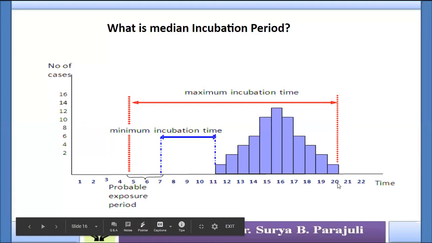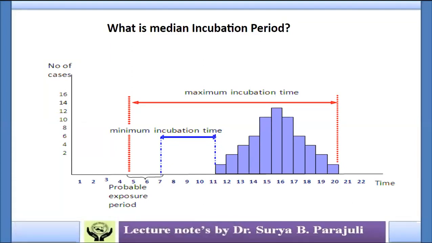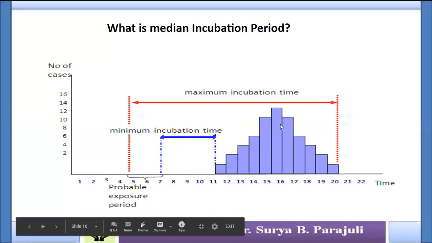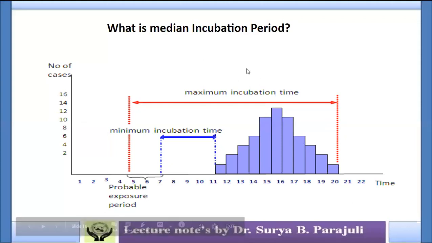So the incubation period of this food poisoning is 4 to 15 hours. Actually, it's interesting to know the epidemic curve. Hope you understood. If not, try to ask me anytime. I'll try my best to teach you.